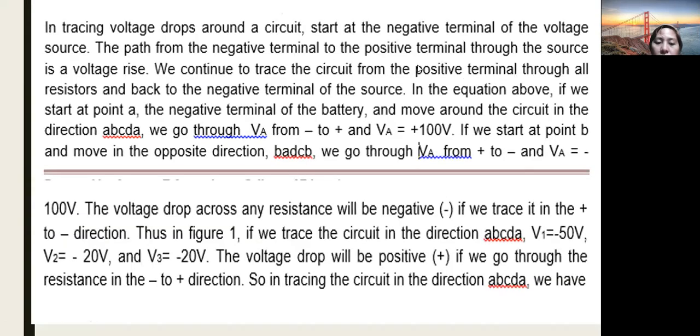Okay, so now in figure 1, if we trace the circuit in the direction A, B, C, D, V1 is equal to negative 50 volts. Why negative 50?